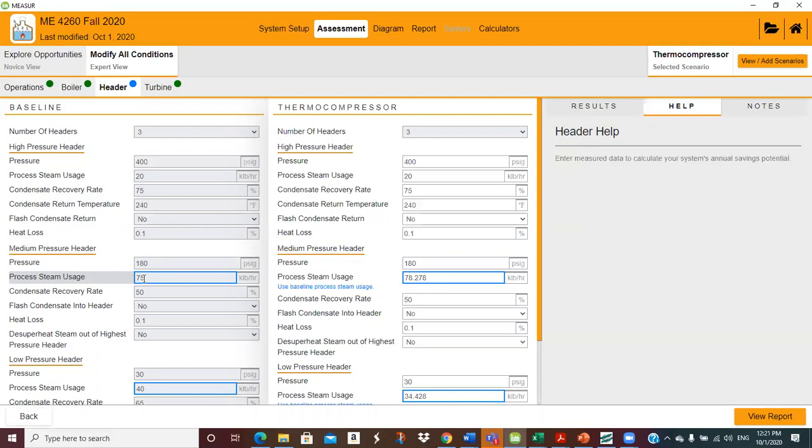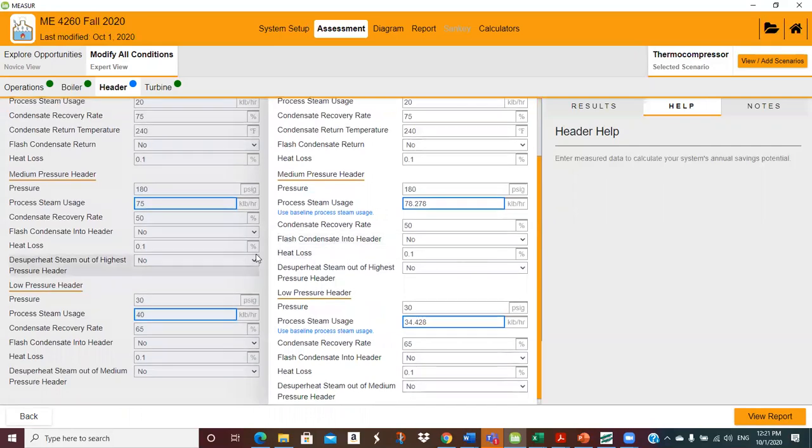So I guess I increased it by 3,278 pounds, or 3.278, because we've got to have more medium pressure steam to make this thermal compressor work. But then we get the sum of that, which is over 6,000, and that gets dumped into the low pressure header. And so it goes from 40 down to about 34,500 pounds an hour.